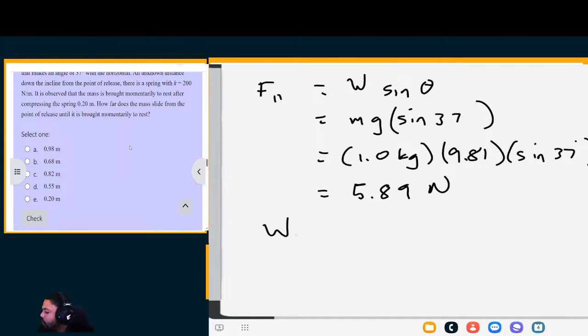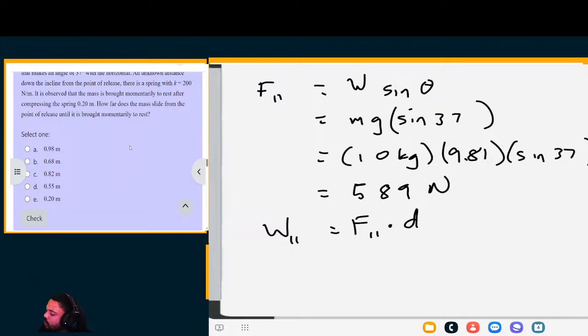The work done by the parallel force is going to be equal to the parallel force itself multiplied by the distance. This is d, this distance we want.